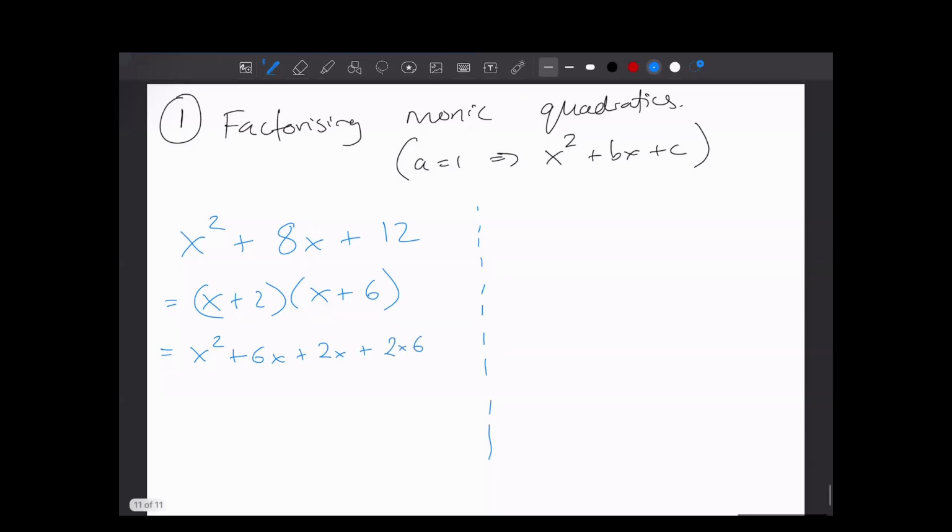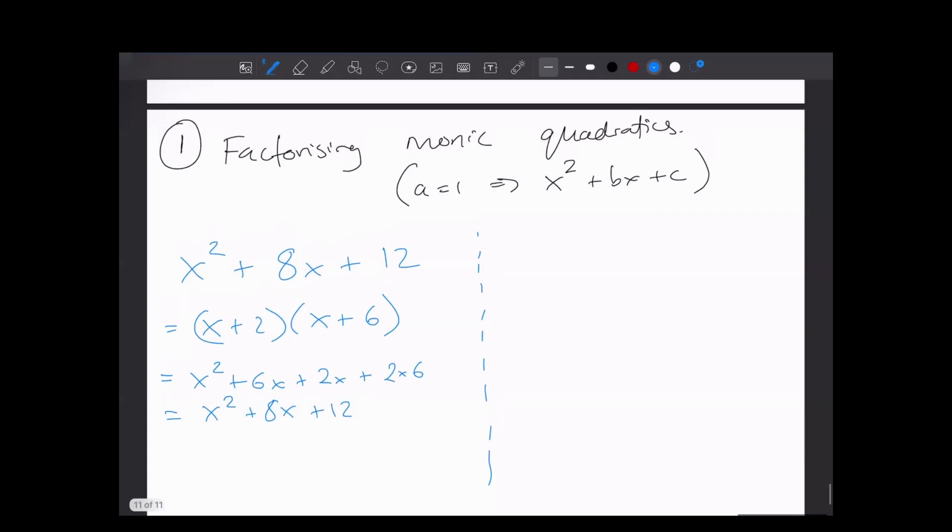So notice that thing we were looking for, two numbers that add up to 8, two numbers that multiply to 12, it exactly works out when you expand this. What I mean is, we have the 6 and the 2, and when we expand, it combines to give 8x. And we have the 2 times 6, and that combines to give 12. And this isn't a coincidence.